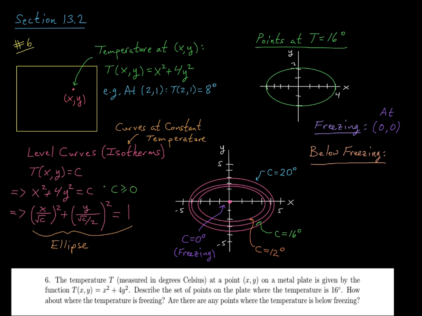Because of what we said back here: c represents the fixed temperature, and since this equation implies that c can't be negative, there are no locations on our metal plate where we are below freezing. So this doesn't happen, or it can't happen. Okay, and that's going to do it for this problem.